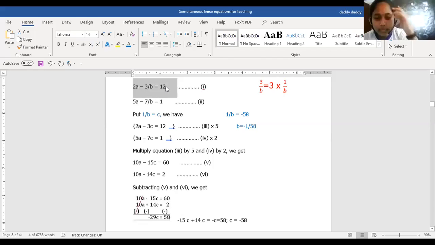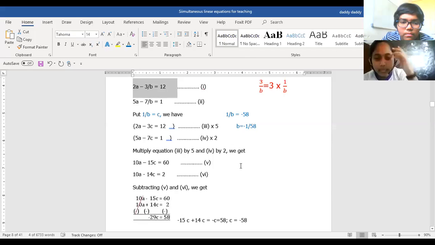Your original equation, you put the value of b and get the value of a. So please get me the value of a. Negative 81. Negative 81.